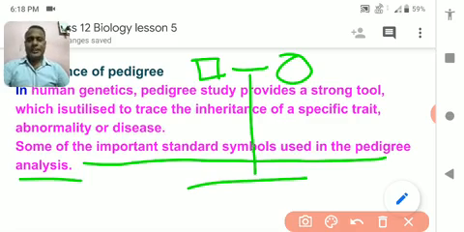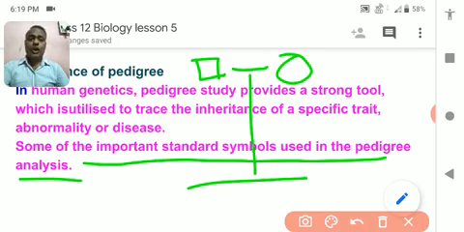I have already explained about mutation in the last class, and in mutation you have come to know that different kinds of disorder can occur due to point mutation or frame shift mutation.